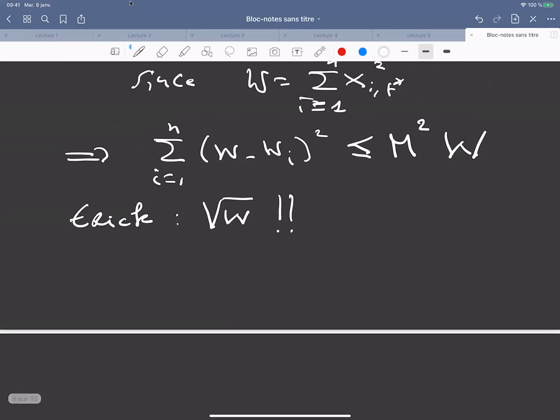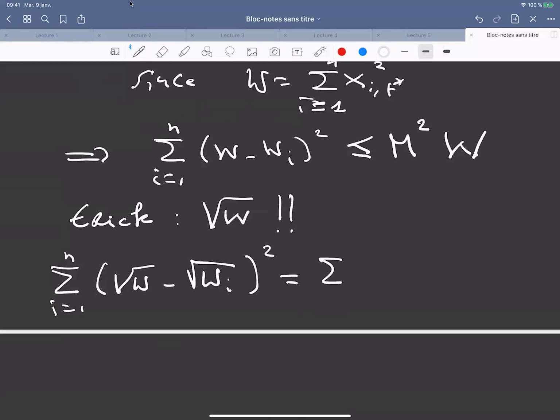Instead of W, look at the square root of W. Because when you look at the square root of W, then you have the sum of the square root of W minus square root of Wi, squared, which is of course equal to the sum of W minus Wi squared over the sum of the square roots of the Wi and the W, squared.